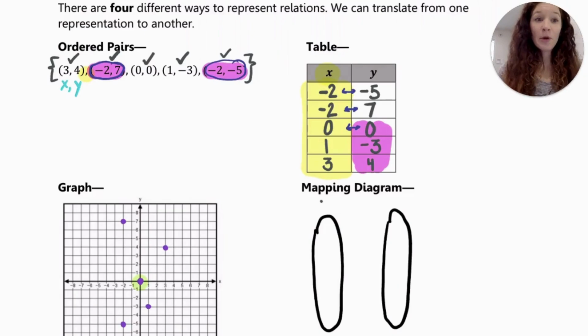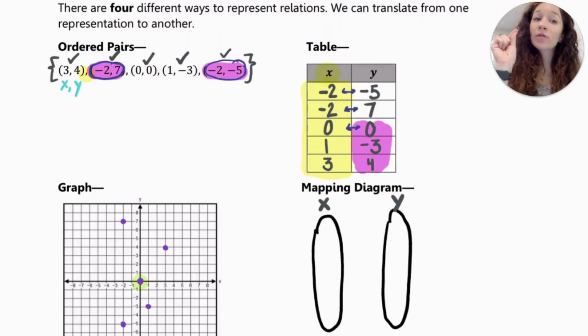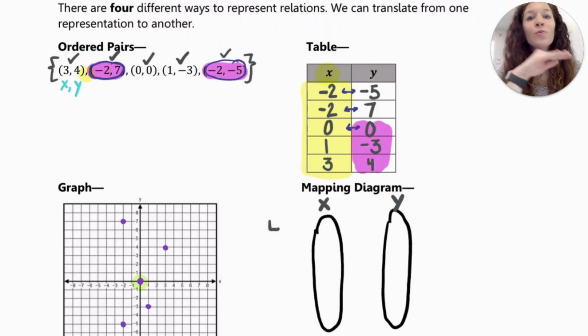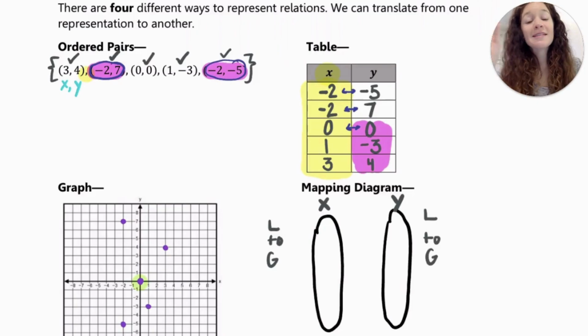You have to put the X's in order from least to greatest. You want to put the Y's in order from least to greatest. And you want to list no repeats. So, for example, this -2 that we see twice, I'm not going to list it twice, okay? I'm only going to list it one time, and I'll show you how that works.